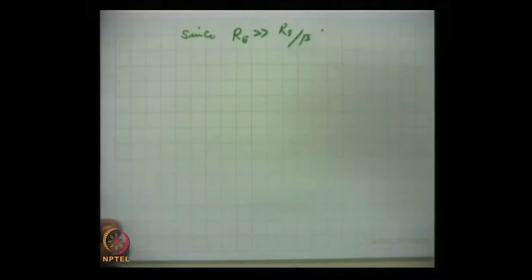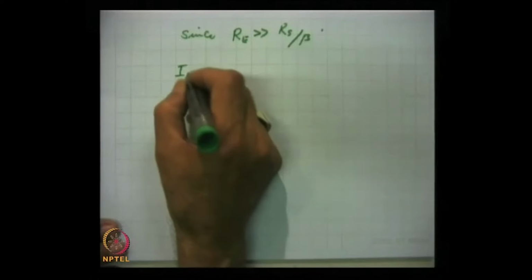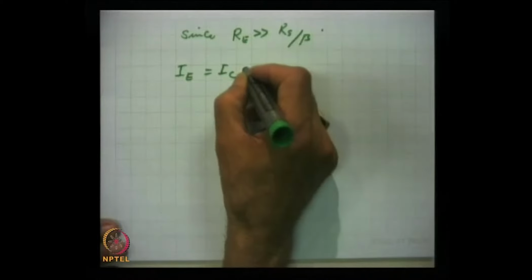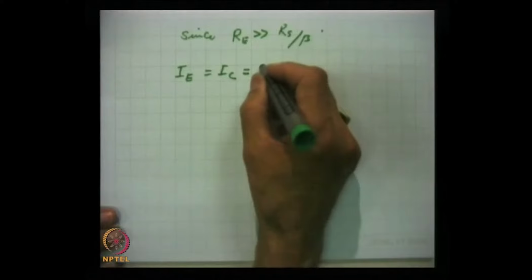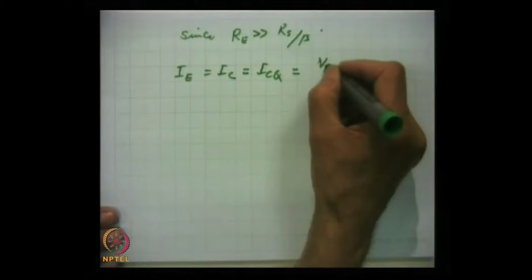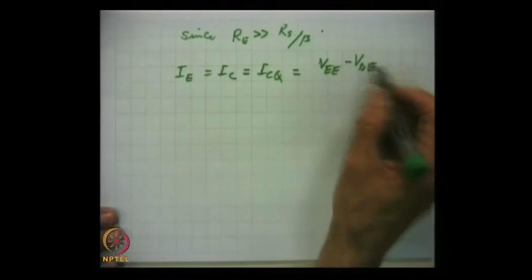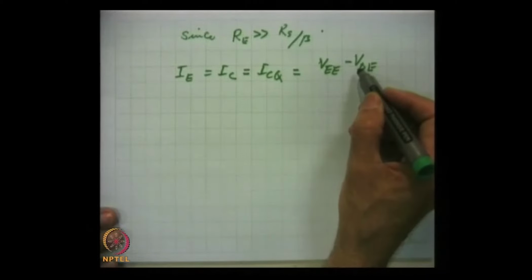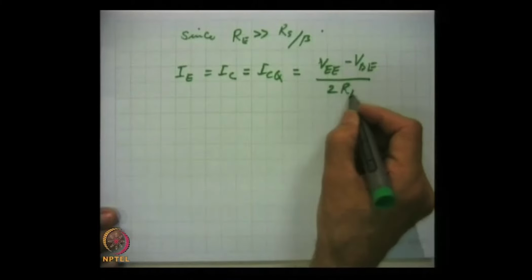So, RS by beta we can drop, and the expression for IE, which is the same as IC, and in the absence of any signal this is ICQ, is VEE minus VBE, this is 0.7 volts for a silicon device, divided by 2 RE.